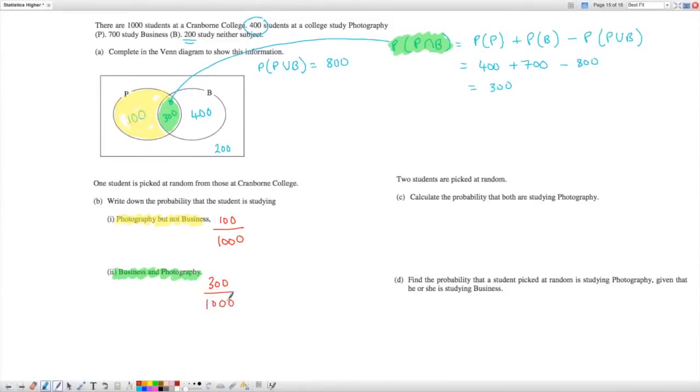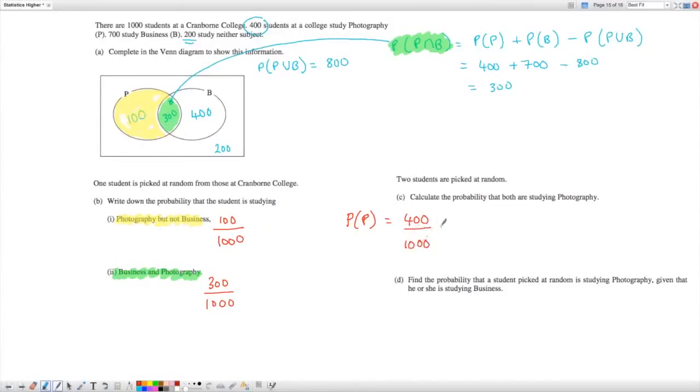Two students are picked at random. Calculate the probability that both are studying photography. So here we have two students and they are both studying photography. So let's take the probability that they study photography. The first student we're going to pick out of 1,000, there will be 400 divided by the total number 1,000.